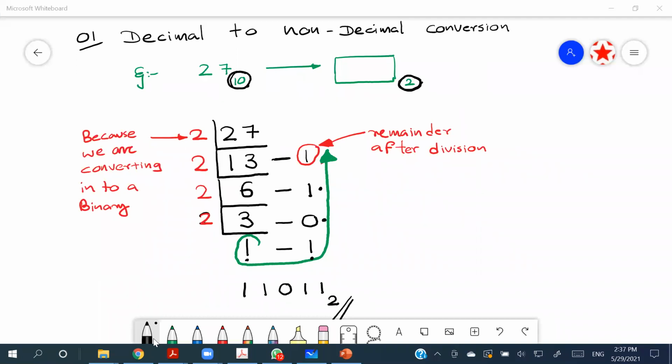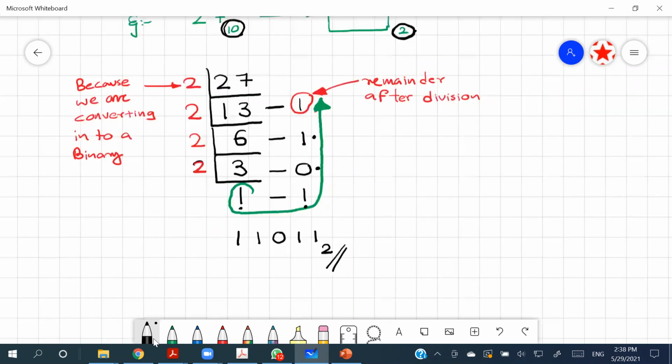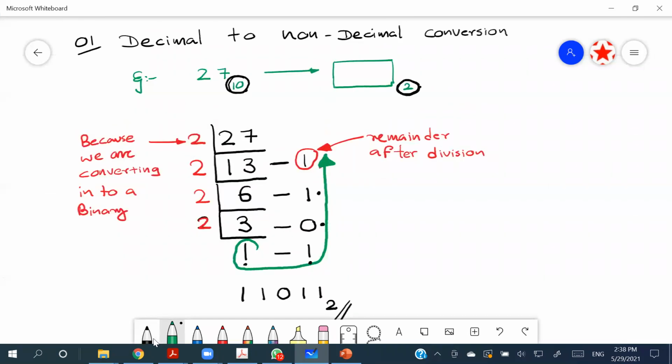Okay, great. Right, now since I have done the conversion of decimal into binary, let's say this is example number 1. I think you have written this. Please modify it as example number 1, so put a 1.